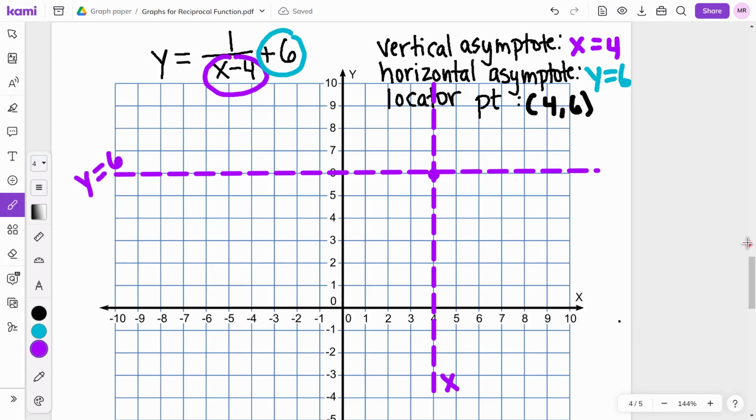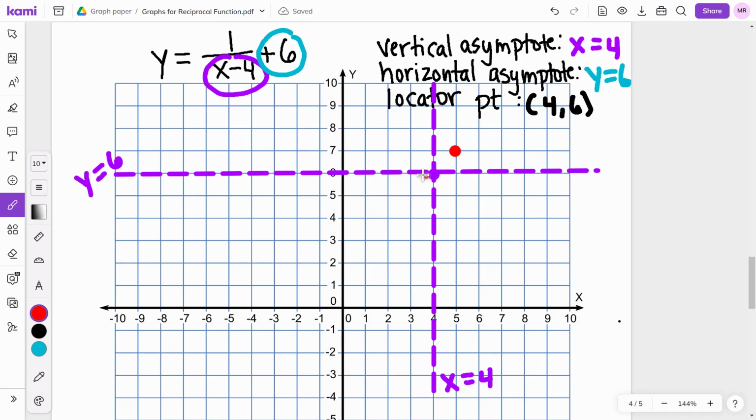This one here is going to be x equal 4. And then the only 2 points that I want you to be accurate with are going to be going where they intersect at the locator point over 1, and then up 1, because 1 times 1 is 1.